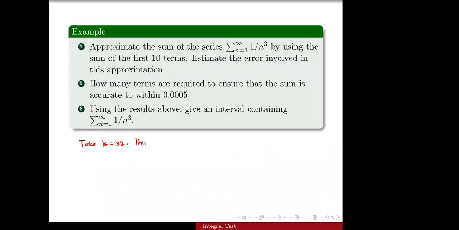This means that the error r sub 32 will be less than 0.0005. So how many terms? 32 terms. Okay? Questions?